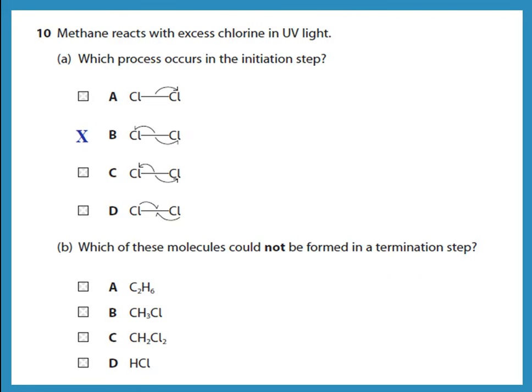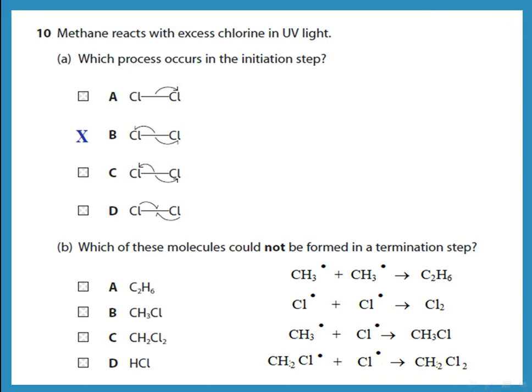Now, which of these molecules could not be formed in a termination step? Remember that after the initiation step, there was something called the propagation step, and then after the propagation step, there was a termination step. The termination step is one in which two free radicals join together to form something that is not a free radical, so it ends the process. Now, what are the termination steps that could happen?